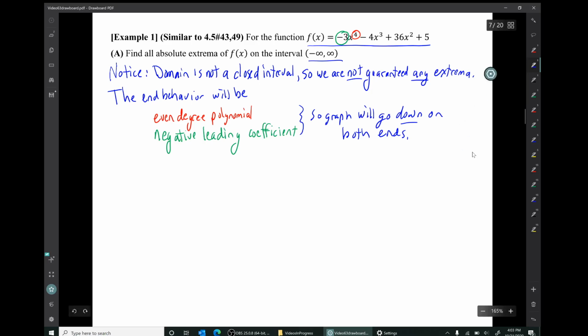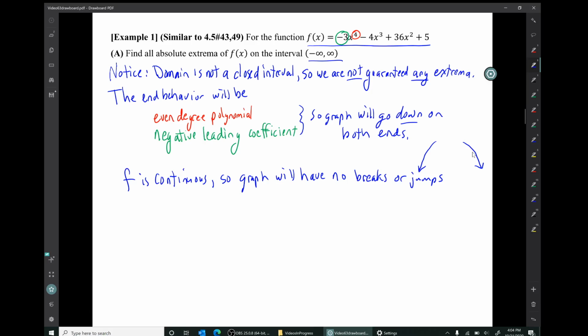So something like this. Now, what happens in the middle? Well, we can see that f is a polynomial, so it's continuous, so there are no jumps or breaks or gaps in the graph. It'll have no breaks or jumps or asymptotes.